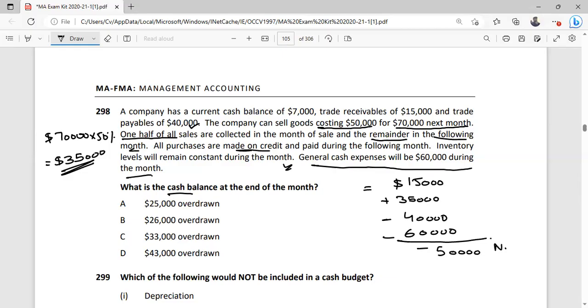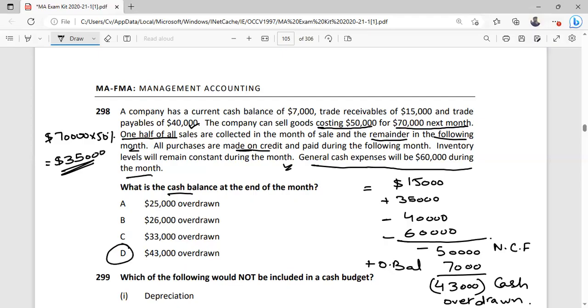It is called net cash flow. Plus opening balance 7,000. So 43,000 is negative, which is called cash overdrawn. This is the right answer. Any questions?